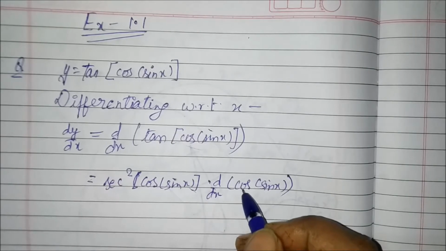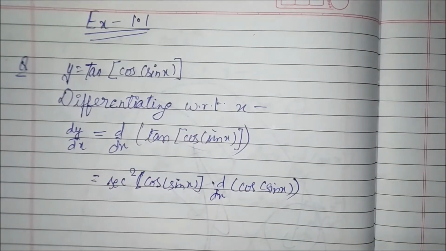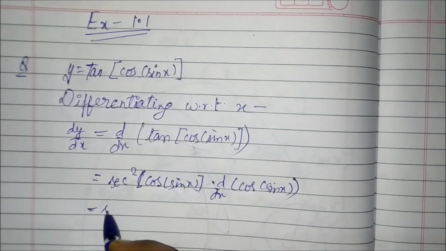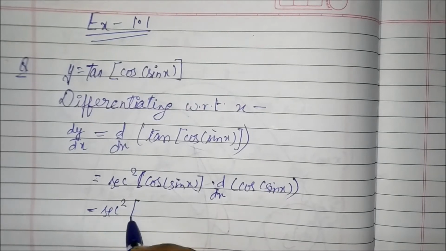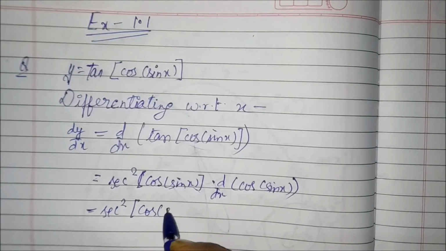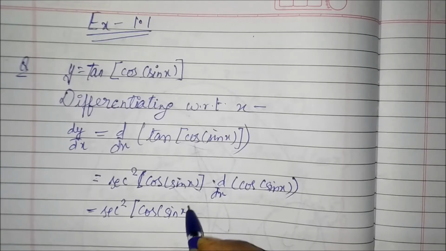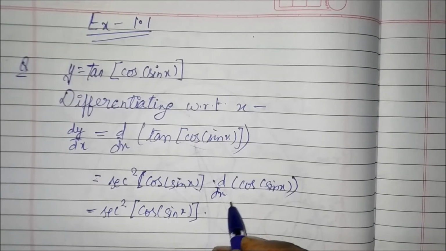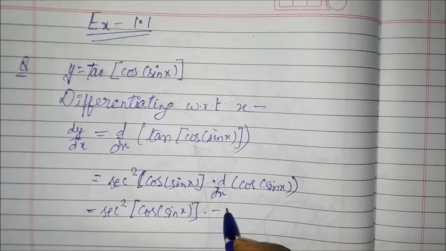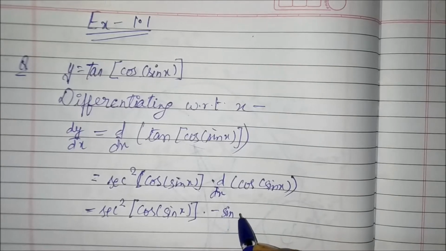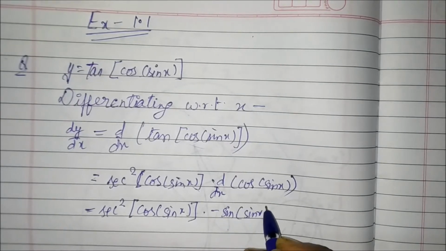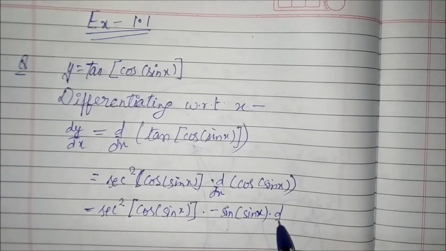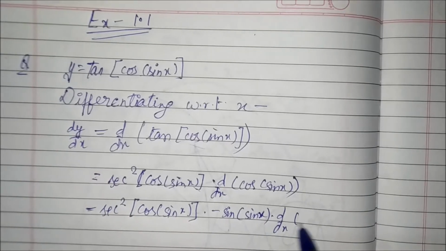Now we differentiate cos. So sec square cos of sin x into, and the derivative of cos is minus sin x, so minus sin x into d by dx of this one.